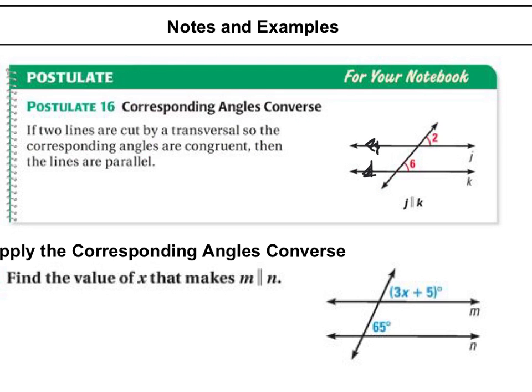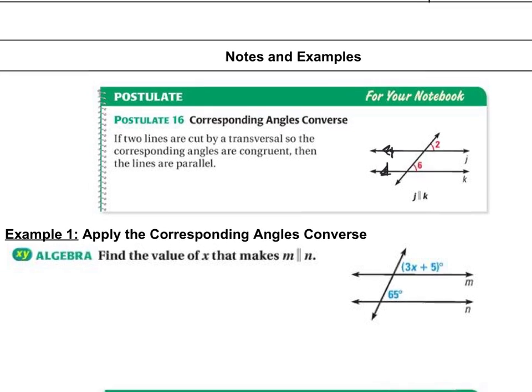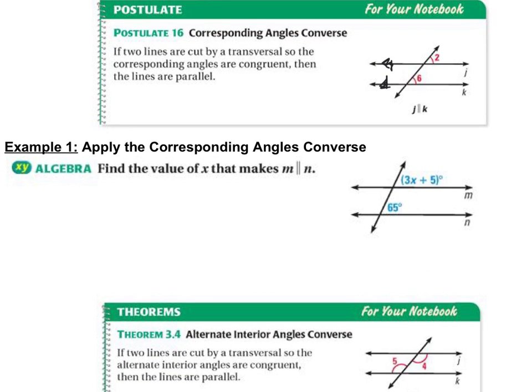Okay? So a little bit more algebra today than before. In the first example, we want to find the value of x that will make these two lines parallel. These are corresponding angles. If you remember from yesterday, corresponding angles are congruent, or equal. So we take 3x plus 5 and set it equal to 65, and then just solve it.